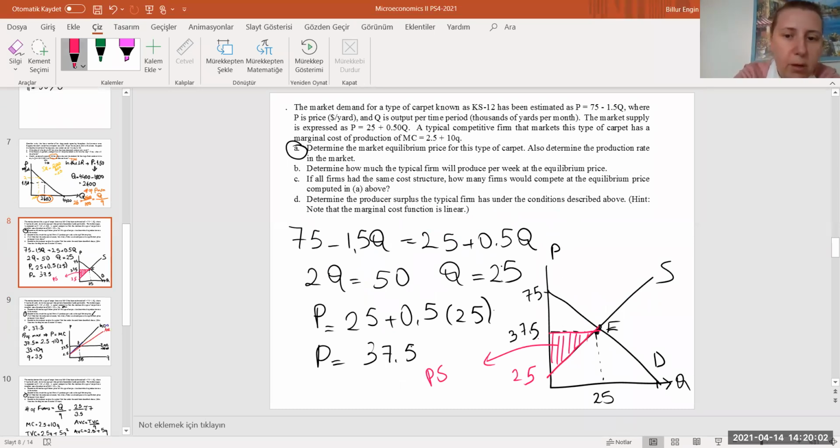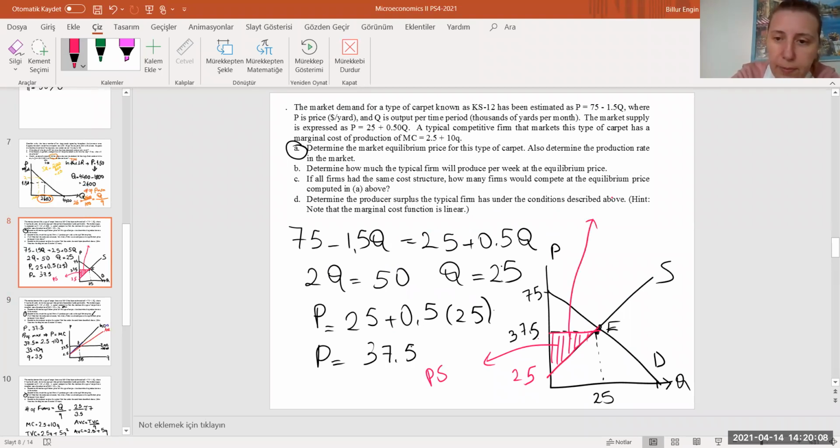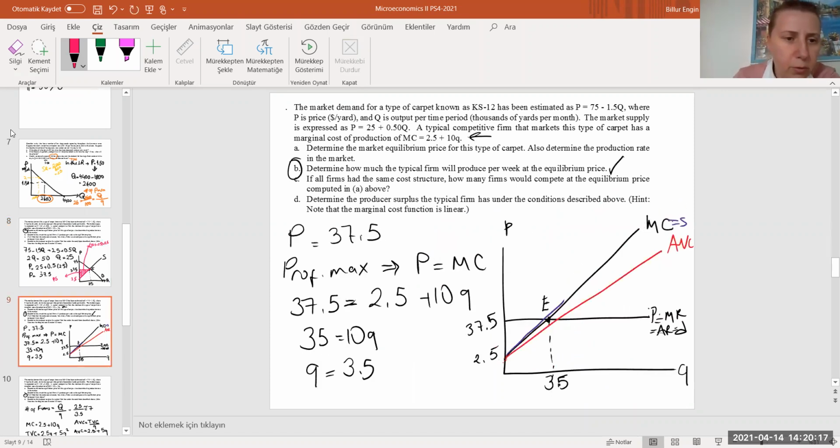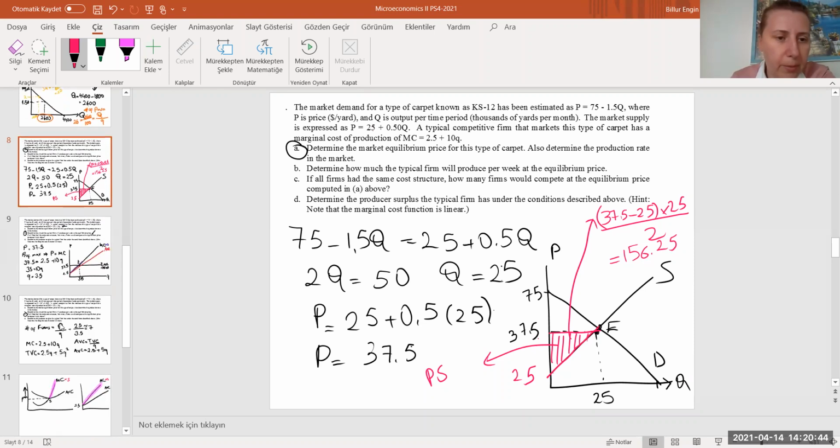Producer surplus in the market here is 37.5 minus 25 times 25 over 2, which is 156.25. Okay.